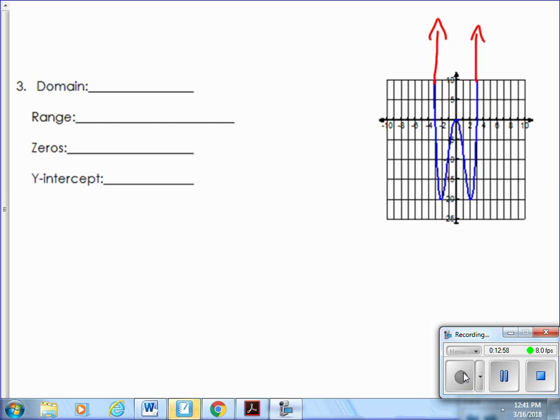Even though it looks like it's just going straight up, there's no boundary lines. There's no cutoff points that make it where it's going to stop. So, as long as it's never going to stop going out to the left, we're still going to say it's negative infinity. And going out to the right, we're going to say it's positive infinity. So the domain here is going to be negative infinity to positive infinity.